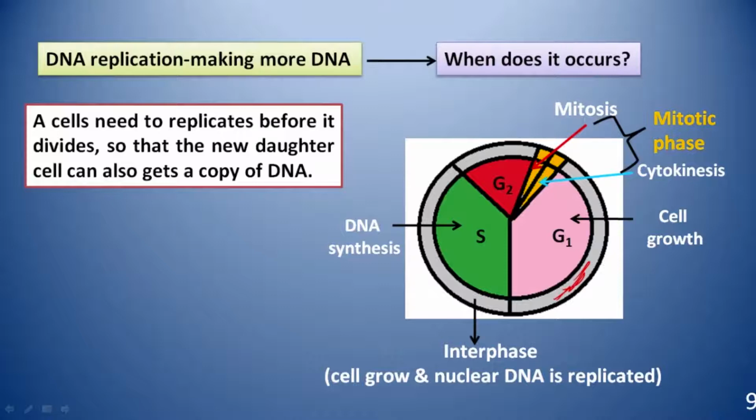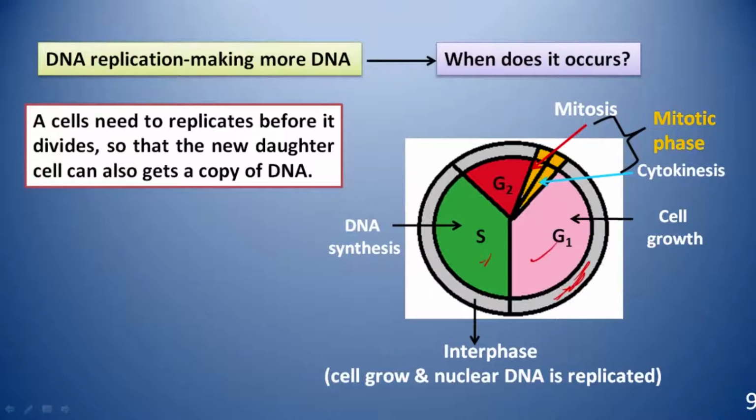So these are the G1, G2 and S phases. In S phase, each chromosome, there are 46 chromosomes, gets duplicated. Then in G1, cellular contents excluding the chromosomes are duplicated.